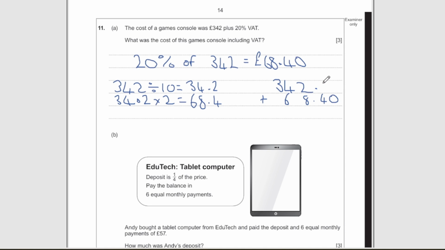Just to make life easier, I'm going to add the decimal places in, just so that we can see what we're doing a bit clearer. 0 plus 0 is 0. 0 plus 4 is 4. 2 plus 8 is 10, so we write 0 and we carry 1. 4 plus 6 is 10, plus 1 is 11. So we write 1 and we carry the 10. And then 3 plus 0 plus 1 is 4. £410.40 is the total cost, including VAT.